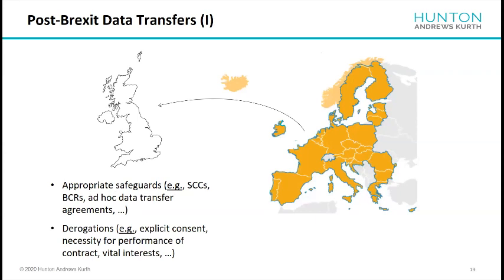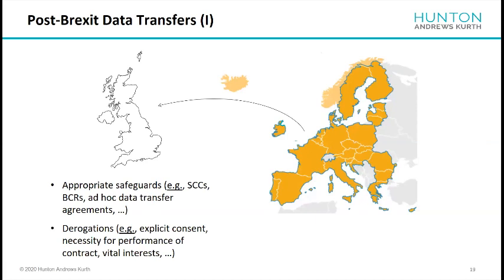However, it's important to note that, as recently stressed by the European Data Protection Board in the context of its Schrems II related guidance, these derogations are generally only available in exceptional cases for occasional non-repetitive data transfers.